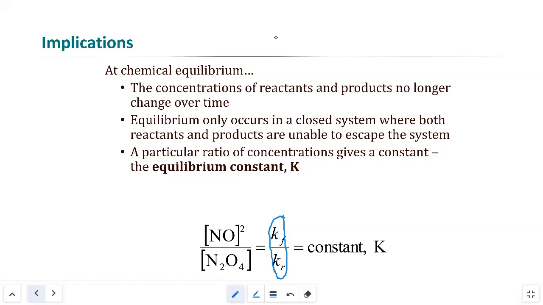So what we would have is a constant forward and a constant reverse rate, which we can term as the equilibrium constant, capital K. And these values, if we are at equilibrium for the concentrations, would also maintain a constant value, which means that we can measure them at that moment in time and establish what the relationship is.